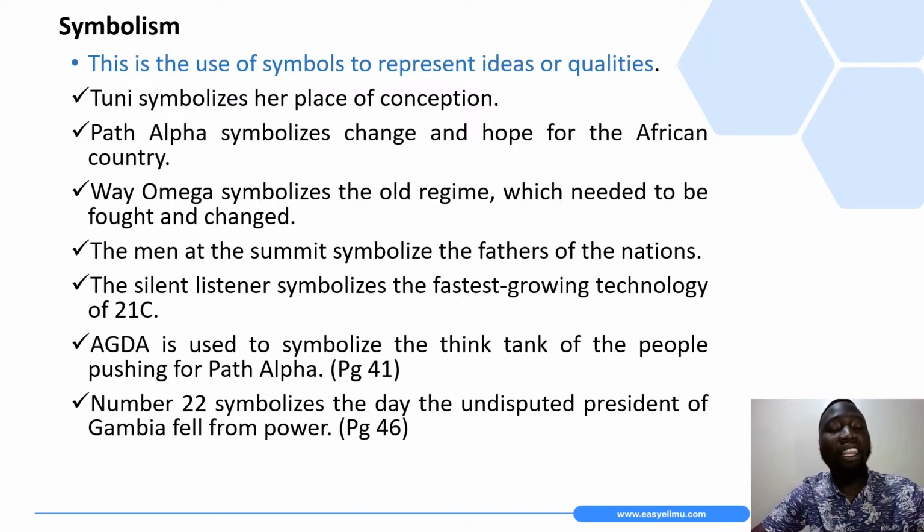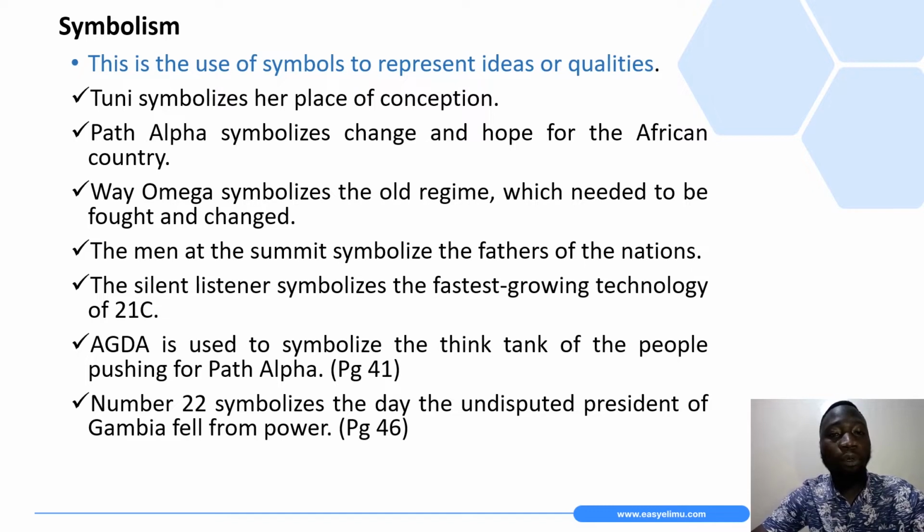Remember, Path Alpha is a document that was never on the summit's agenda, but there were people, especially those from the Agency for Governance and Development in Africa, who believed that this was a better alternative as compared to the Way Omega document.